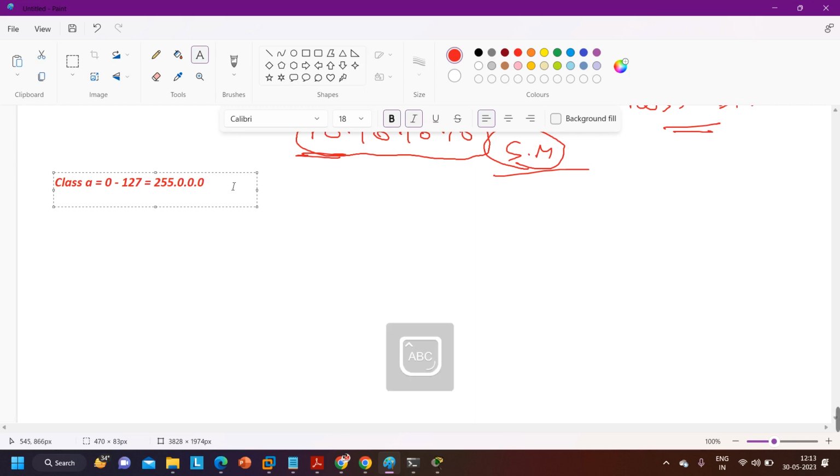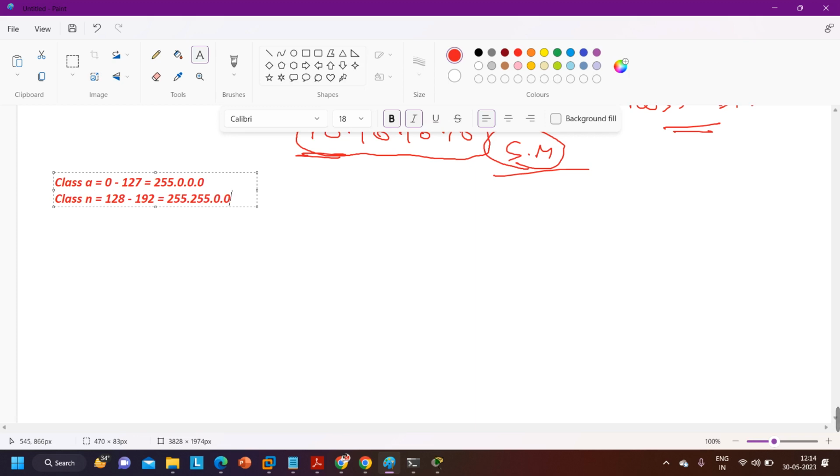For class B, first tell me the range. It is 128 to 191, and the subnet mask is 255.255.0.0.